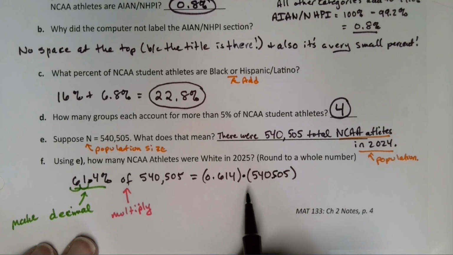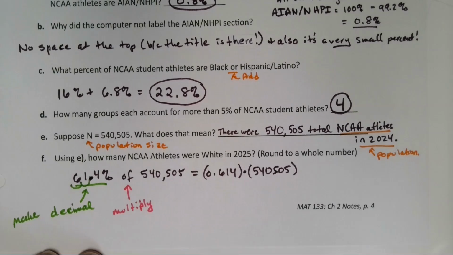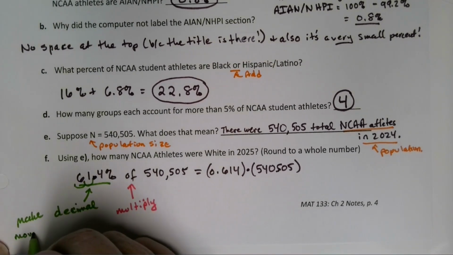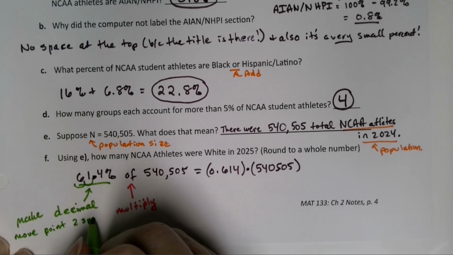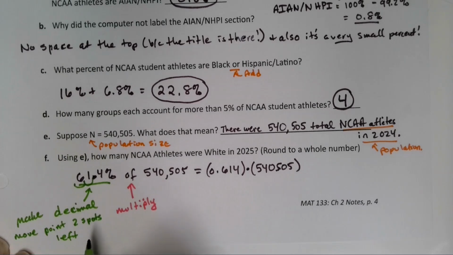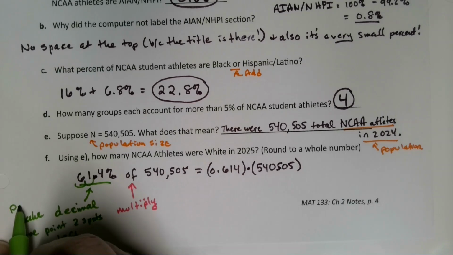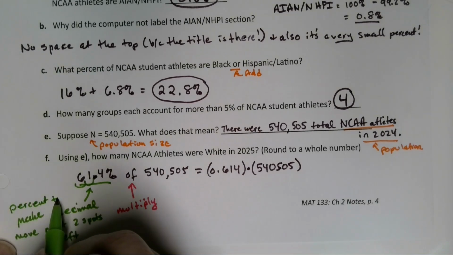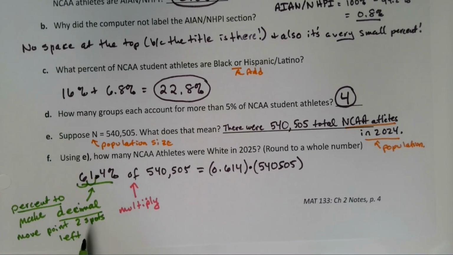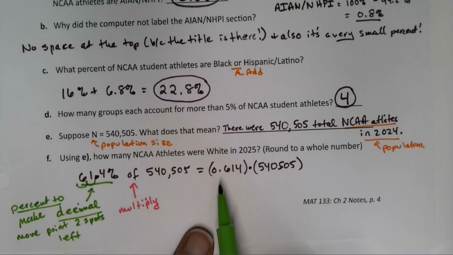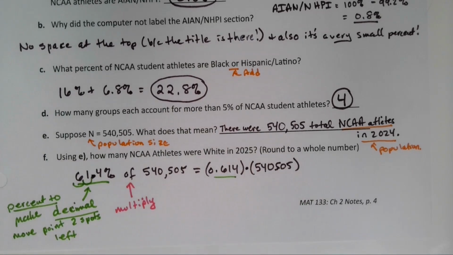Some instructors use parentheses a lot, some use a times dot a lot, either way. Just notice, to go from a percent to a decimal, move the decimal point 2 spots to the left. So we have our decimal times our total, and we would get a number.